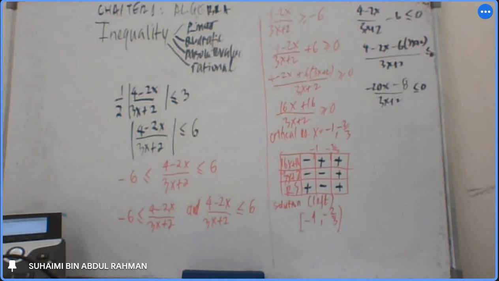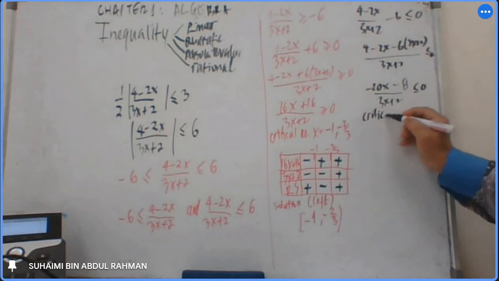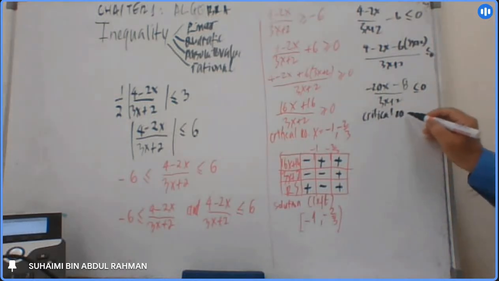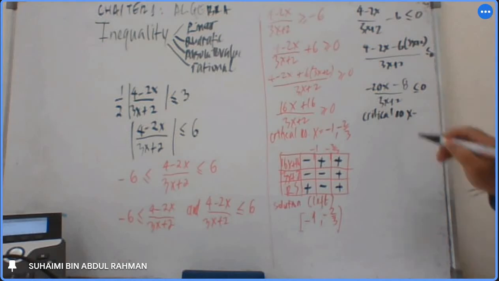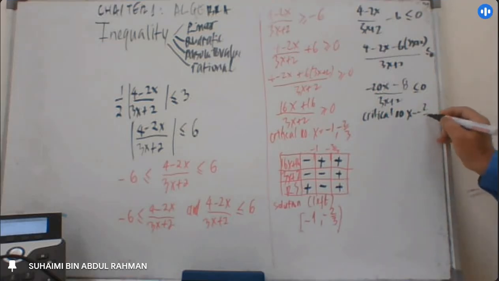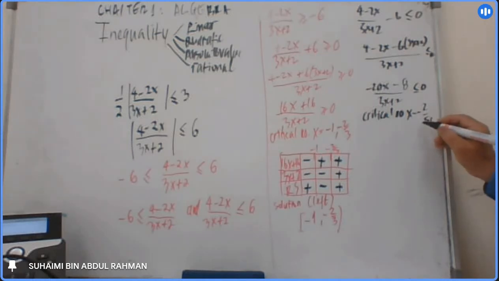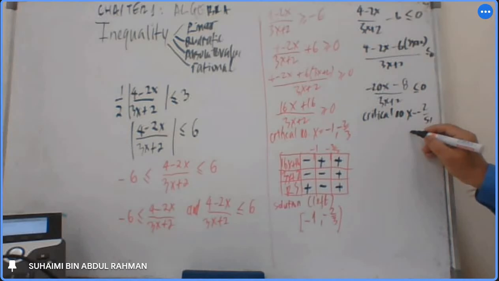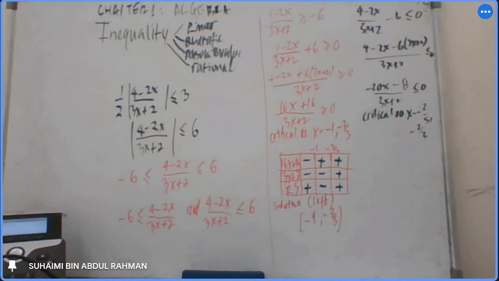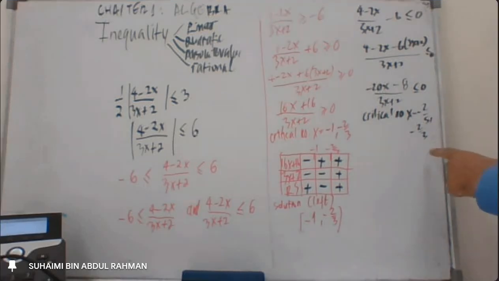You get it? So the critical numbers: x equal to negative 2 over 5, and another one, minus 2 over 3.